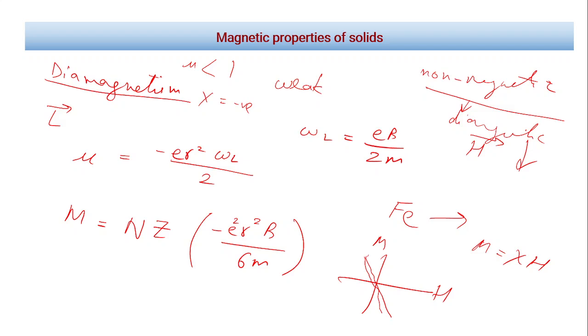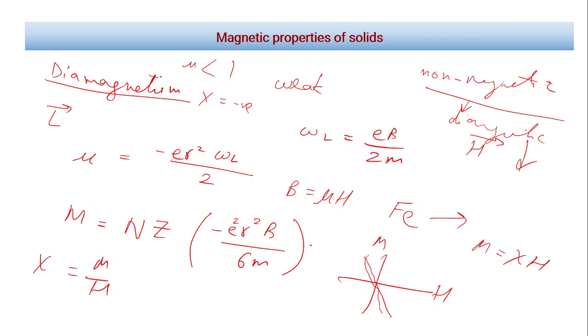Another thing about diamagnetism we can see from the expression. This is the expression for magnetization in a diamagnetic material, and susceptibility is M by H. B is mu H, so if I replace mu H and then divide by H, I'm left with just mu.